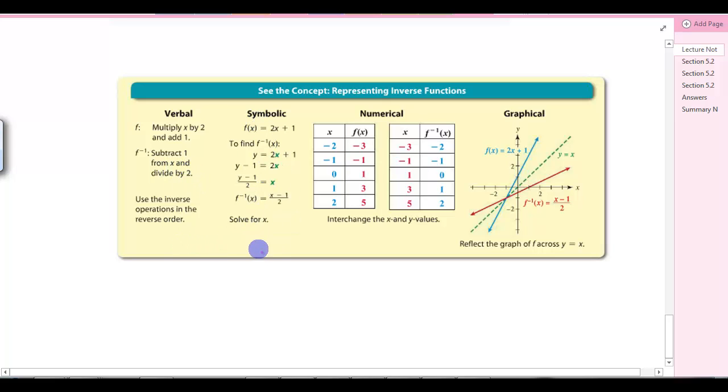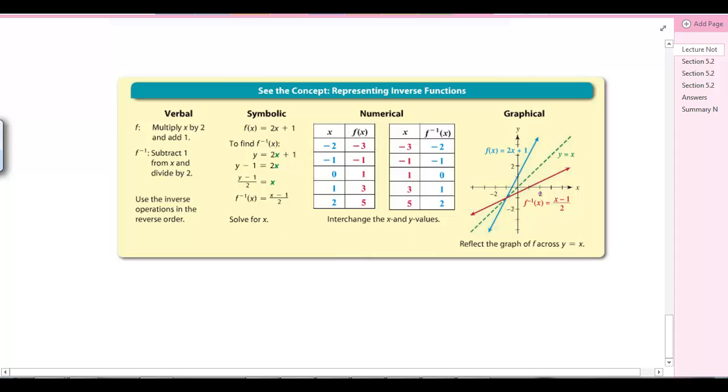Numerically, as you can see, the domain became the range became the domain. And graphically, the same kind of picture that we had. Here's your 2x plus 1, here's your x minus 1 over 2, and here's that line y equals x. So that kind of just pulls it all together in 4 different ways.